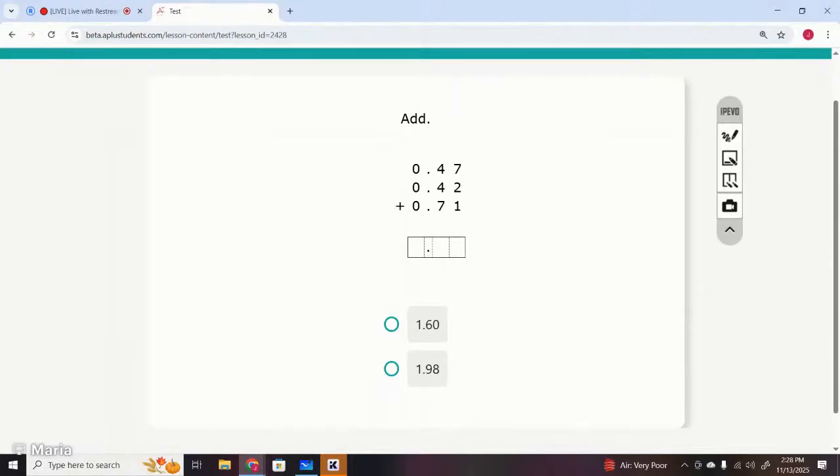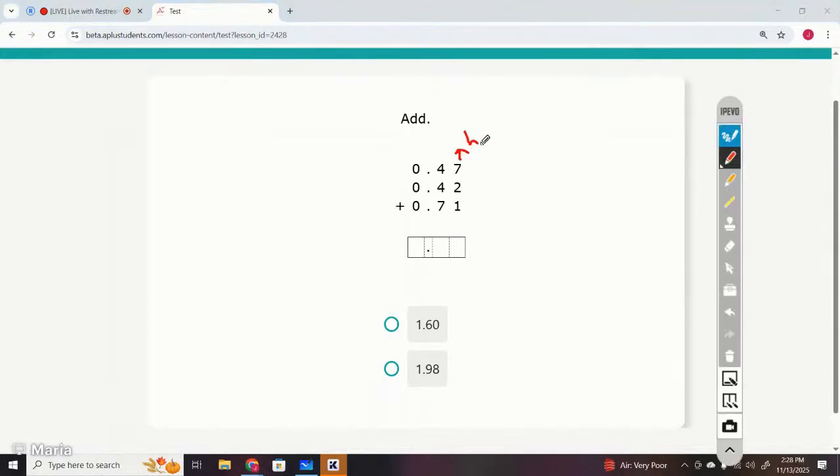Add 0.47, 0.42 plus 0.71. So let's just add. The digits are at the hundredths position, right? Let's just add 7, 8, 9 and 1 is 10, write 0 and carry 1. 7 and 4, 11 and 4, 15 and 1, 16, write 6 and carry 1.